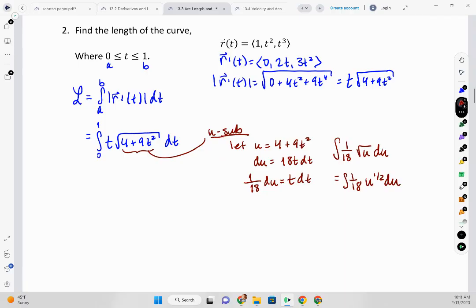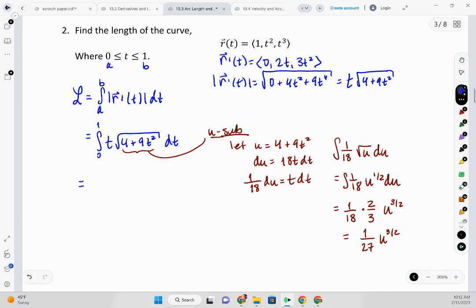And if we're integrating, remember we add 1 to the exponent and then divide by that sum. 1 plus 1/2 is 3/2. So we divide by 3/2, which is the same as multiplying by 2/3, and then u to the 3/2. This simplifies just a little bit more to be 1/27 u to the 3/2. All right, so that is my antiderivative.